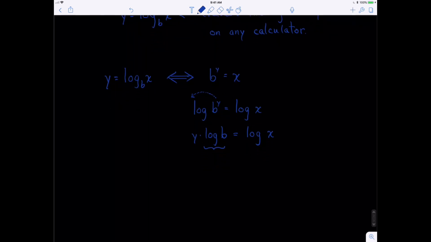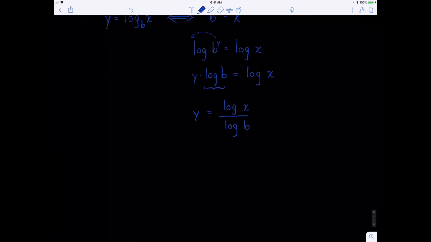So let's just divide both sides by the log of b. And what we have is y equals the log of x divided by the log of b. And you can repeat this process with the natural log, and you can have y equals the natural log of x divided by the natural log of whatever base you're in.